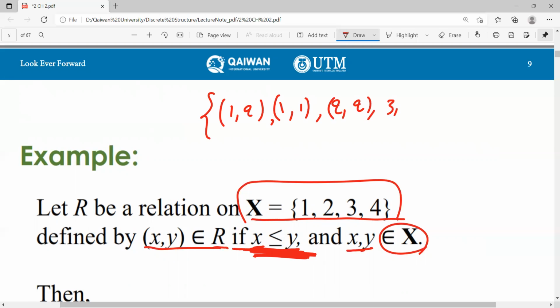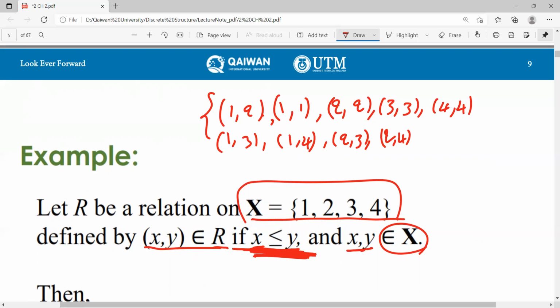Yes. 3 and 3? 4 and 4? And then we have 1 and 2, 1 and 3, 1 and 4. These all satisfy the condition. Then 2 and 3, 2 and 4. And we also have 3 and 4.